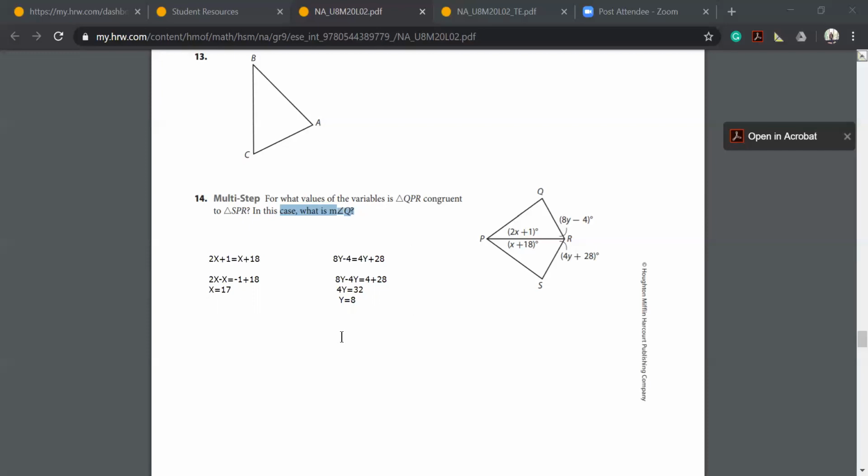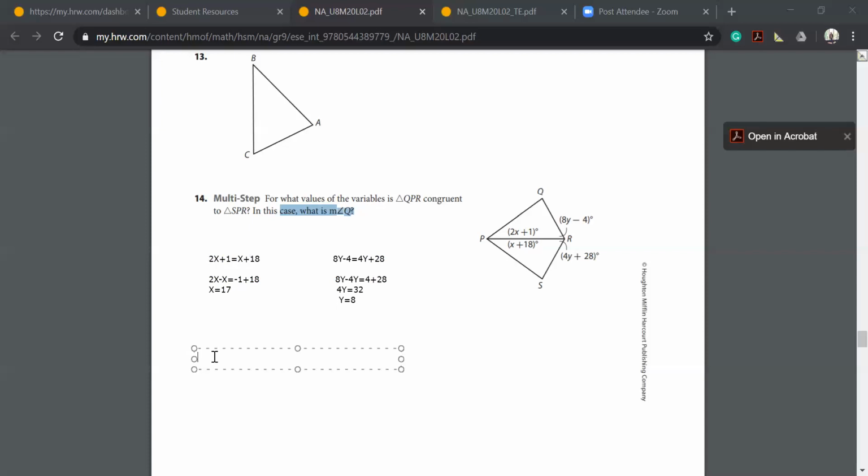Okay. Since I found x and I found y, can I know the measure of the angles now? Yes, we can, right? Can we substitute in here to find measure angle P and measure angle R? Yes, we can. Let's do it. Of course, you can either use 2x plus 1 or use x plus 18. Do not use both because both of them are equal. Let's say, for example, I'm going to use x plus 18.